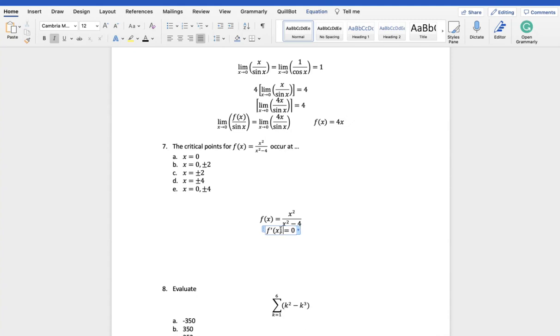First, we'll need to find the derivative of f of x, for which we'll need to use the quotient rule.